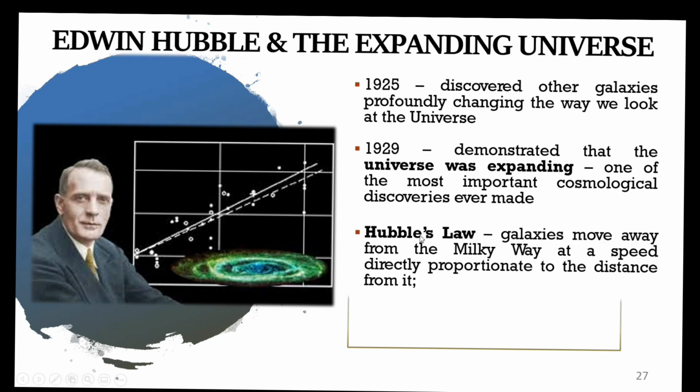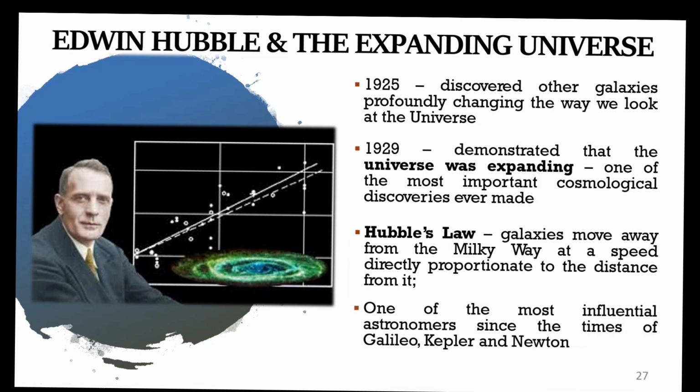He had Hubble's law, in which galaxies move away from the Milky Way at a speed directly proportionate to the distance. He is considered to be one of the most influential astronomers since the times of Galileo, Kepler, and Newton.